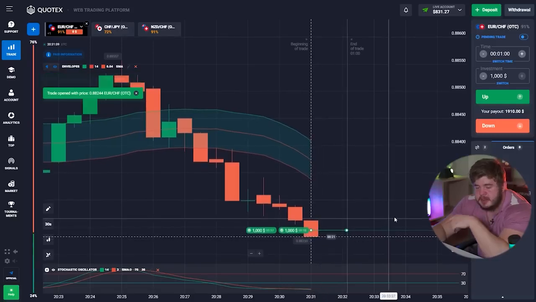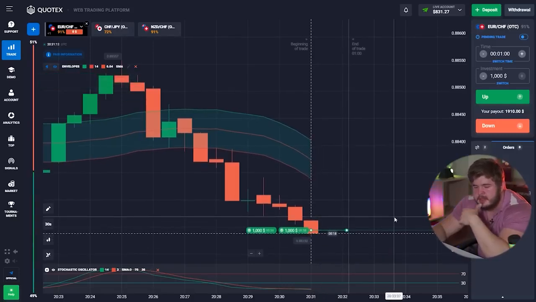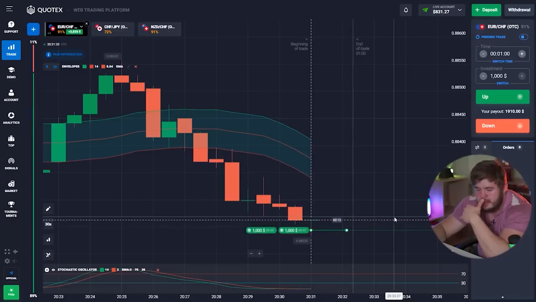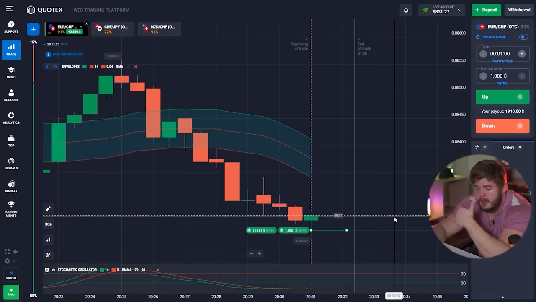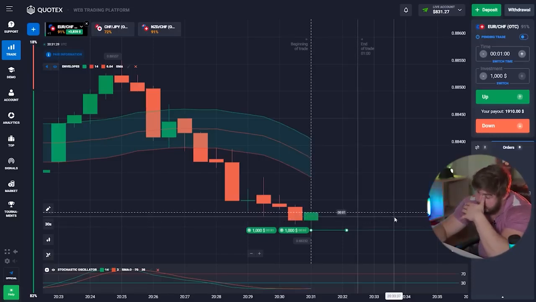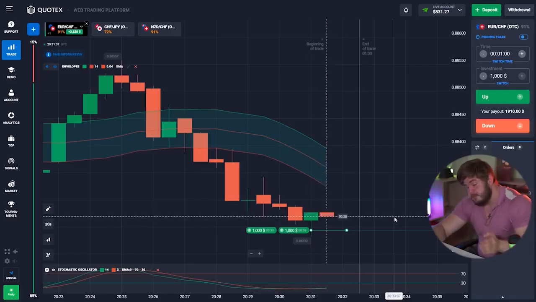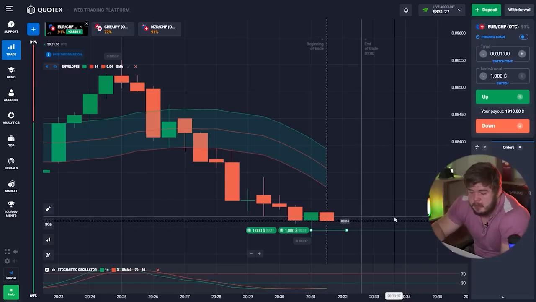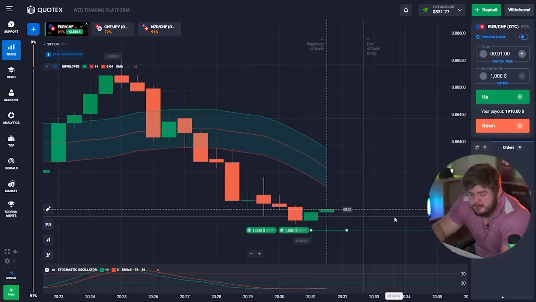So now we switched once again to the Euro CHF pair and we opened the buy position because we are at the bottom of the channel and the price is going to go up. So as you can see, the use of the envelope indicator is quite simple. Nothing is difficult here.